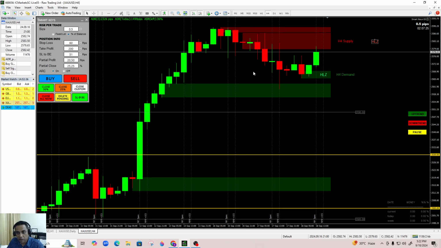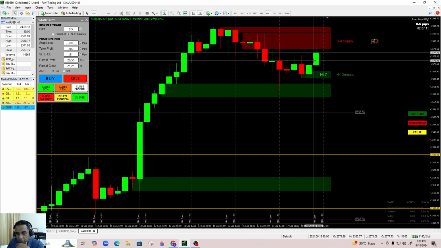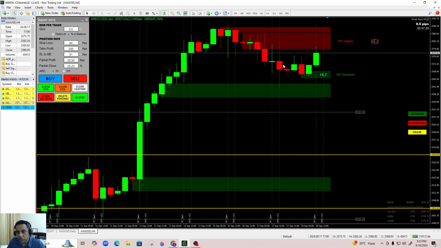So this zone has not taken out anything yet. If this candle breaks up here, then I will consider this entire thing a high liquidity zone. All of that basing candle, all the way up to that, all of this 130 or 30 pip area, the entire area becomes a high liquidity zone.